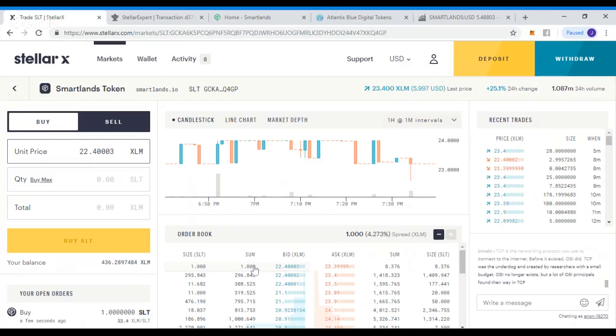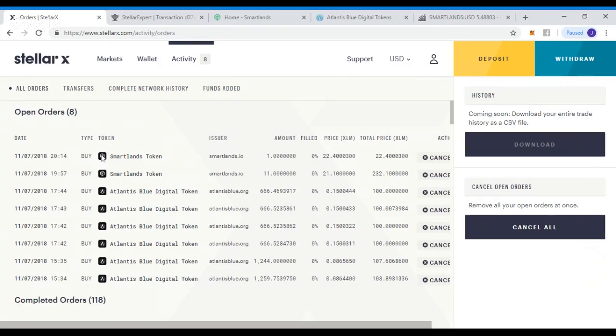Now, what you'll see if this order gets picked up is it will be placed over here in recent trades. Also, it'll reflect your balance here. And then under activity, you'll also see it under completed orders.